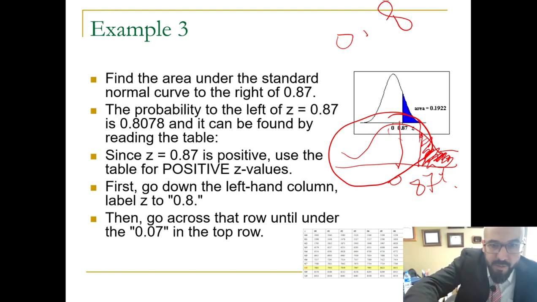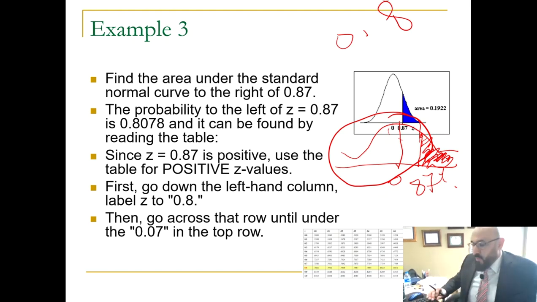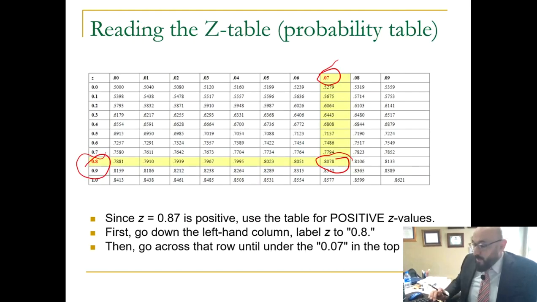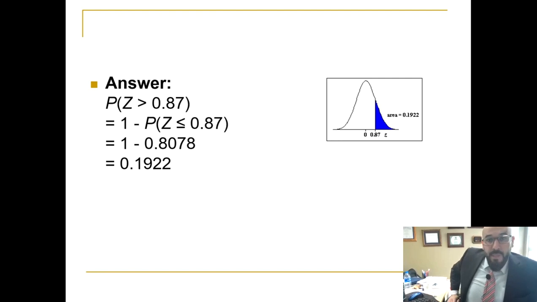We know the whole thing is 100%, so 1 minus 0.8078 is the area we're looking for. That is equal to 0.1922, which means about 19% of the data is located on the right side of that.